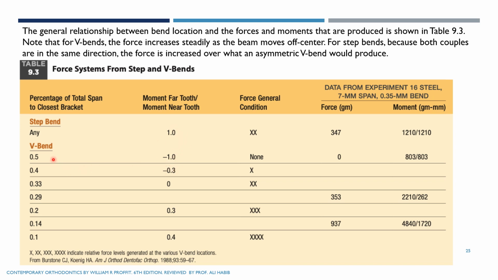As we go off center toward one segment, the moment will be about 0.3, then it will be -1, -0.30, and then go in the opposite direction, so it goes from minus to positive. The force was also found to increase as we come closer to one tooth than the other. This is the model experimentally, and these are the results of the experiment.